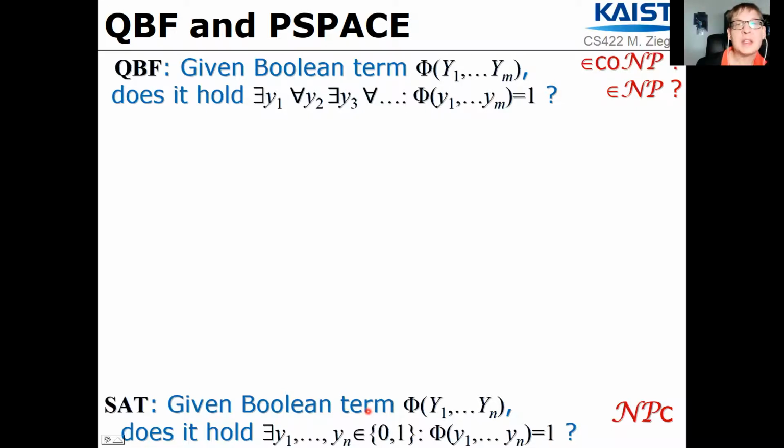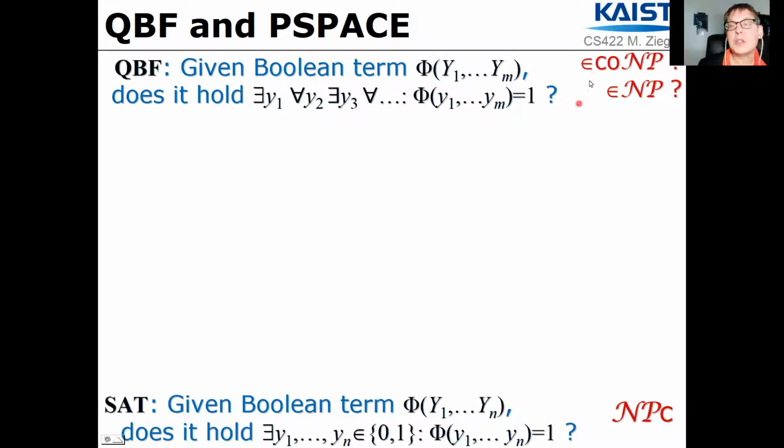Also observe that quantified Boolean formula also includes a co-NP complete problem, right? So it includes, as we just explained, the NP complete Boolean satisfiability problem, by artificially introducing new dummy variables and universal quantifiers alternating in every second place.